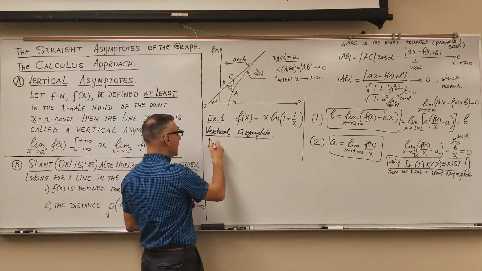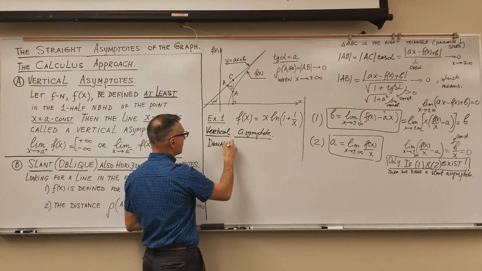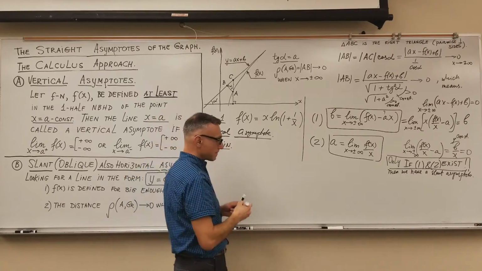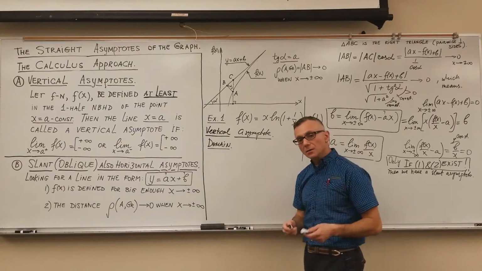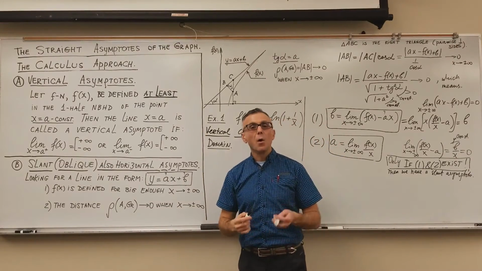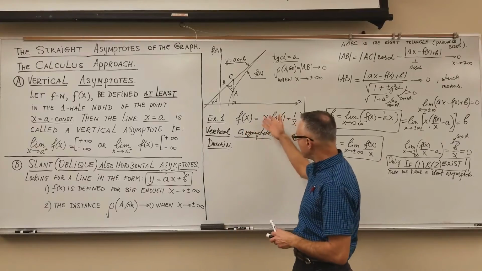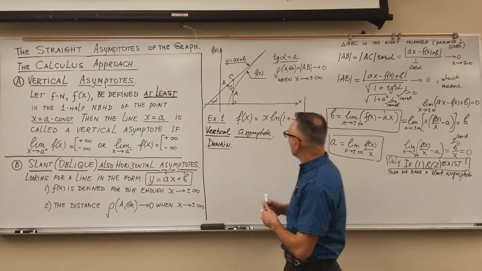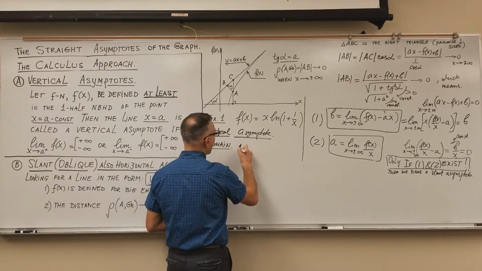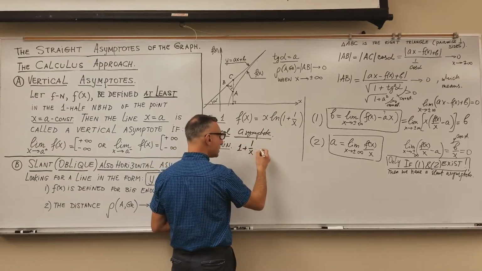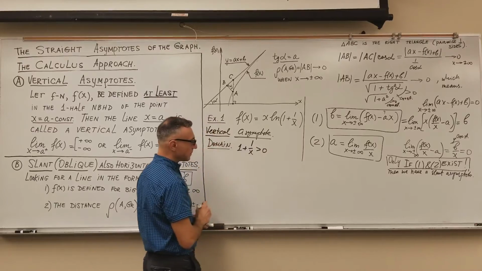We need to look at the domain. The domain of this function: you remember, the value under the logarithm is always positive. So everything under the log should be more than 0. x is outside of the log. So 1 plus 1 over x is positive.